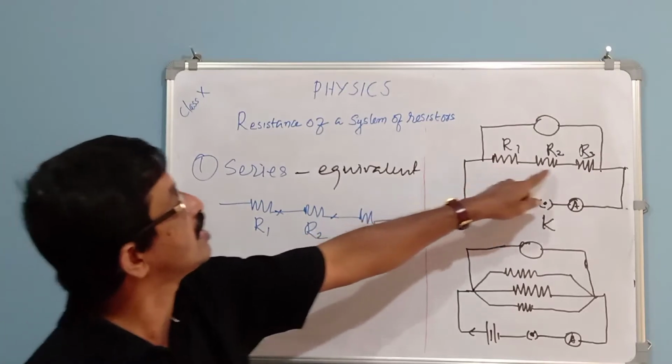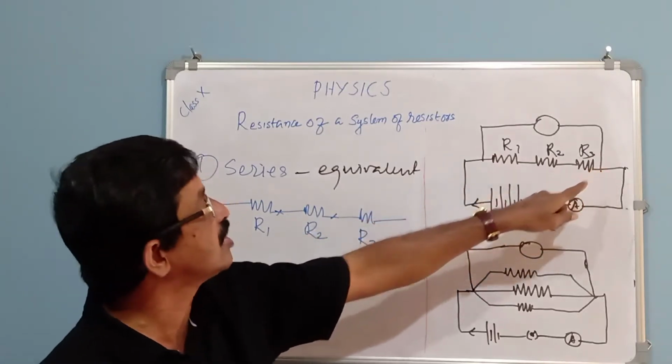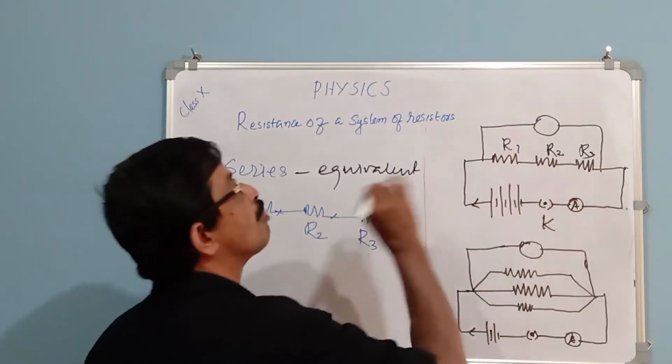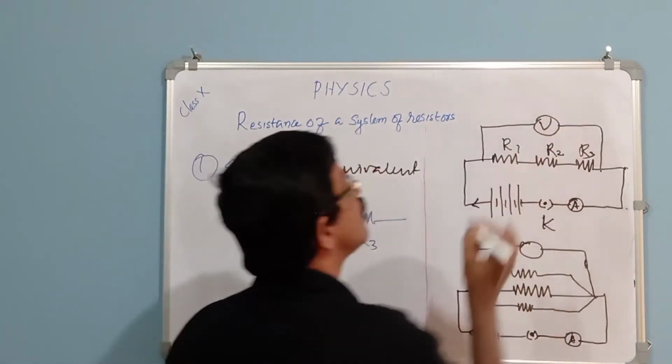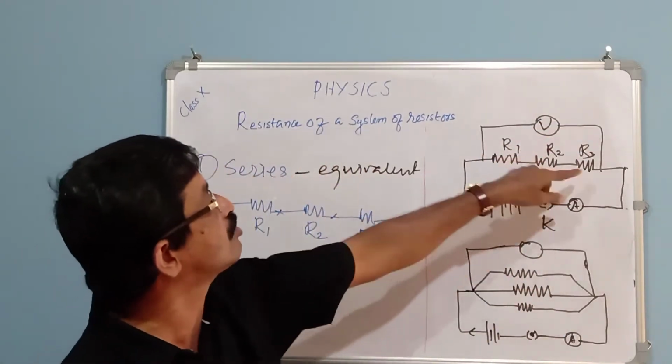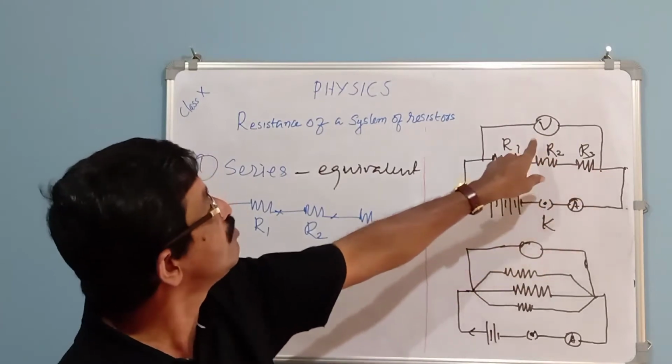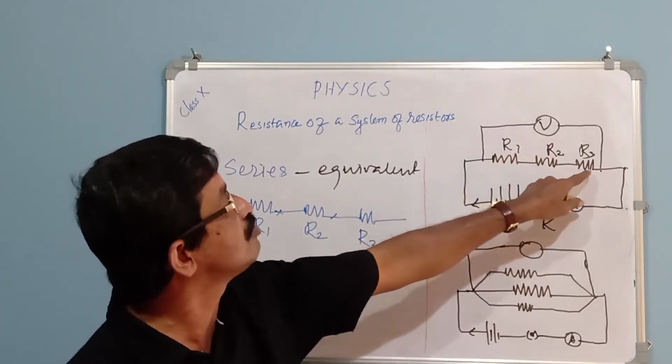These three resistors are connected in series and a voltmeter is connected parallel to R1, R2 and R3.